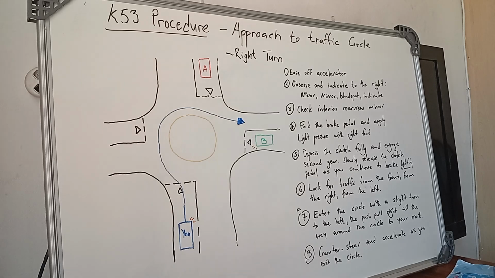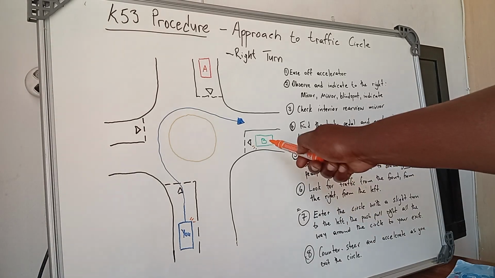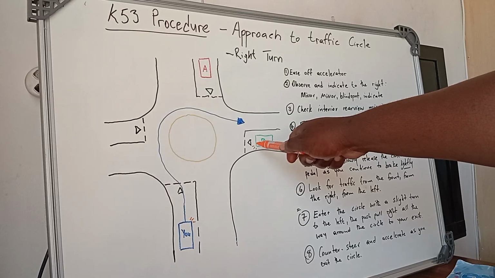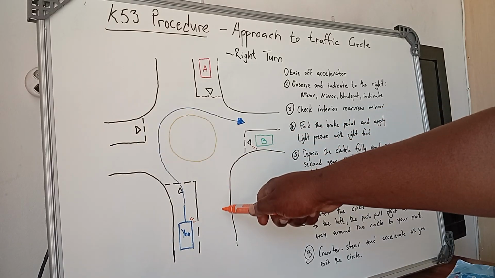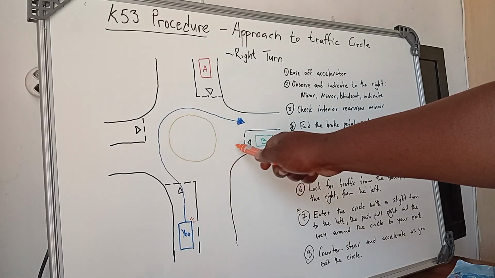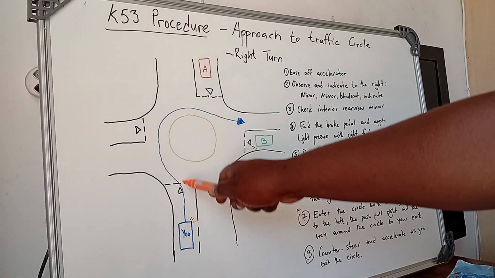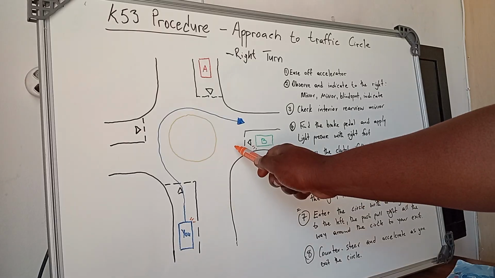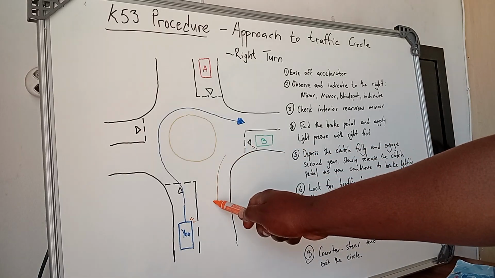Now, let's look to see when things become a little bit more complicated here. If vehicle B here is indicating that they're coming and turning to the right, they're not going to cut across from you here, which means you can still proceed into the circle even with that vehicle approaching here because they're coming in this direction.